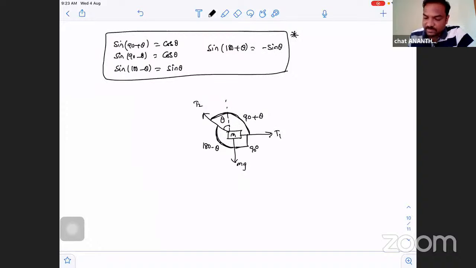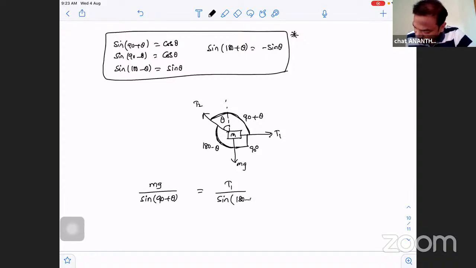Now, what is Lami's theorem saying? Lami's theorem says that a vector's magnitude divided by the sine of the angle between the other two vectors is equal for all three. So mg by sine of the angle between T1 and T2, which is 90 plus theta, is equal to T1 by sine of the angle between mg and T2, which is 180 minus theta, is equal to T2 by sine of the angle between mg and T1, which is 90.